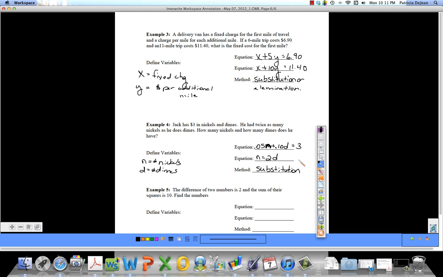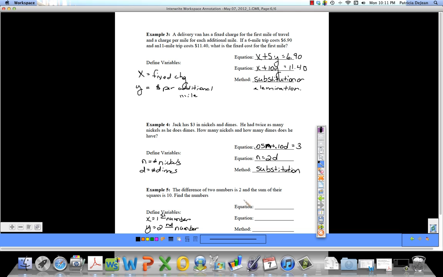Than anything else. Now on this next one, we have the difference of two numbers is 2, and the sum of their squares is 10. So we'll just say x is the first number, and y is the second number.